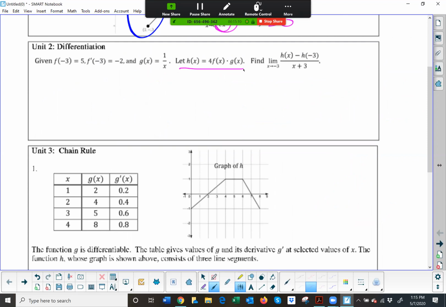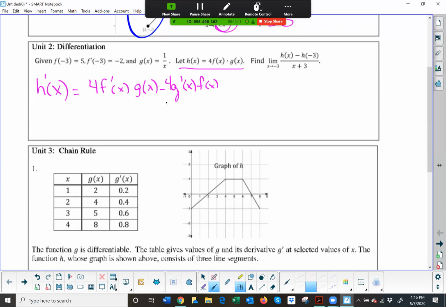I don't think it's going to be super horrible. It was just product rule, wasn't it? And this one didn't really have any chain rule in it either, so that was very nice.